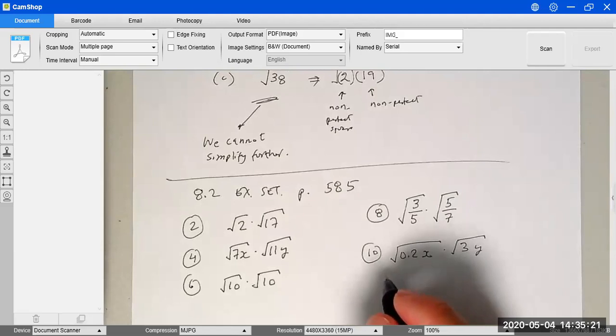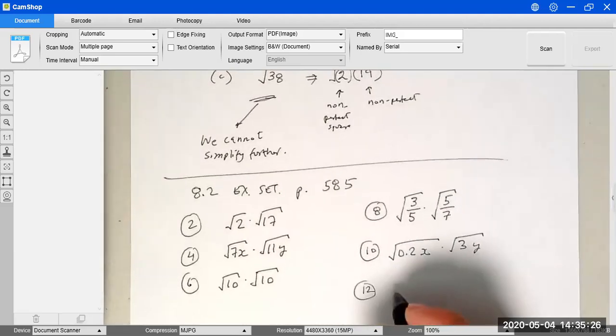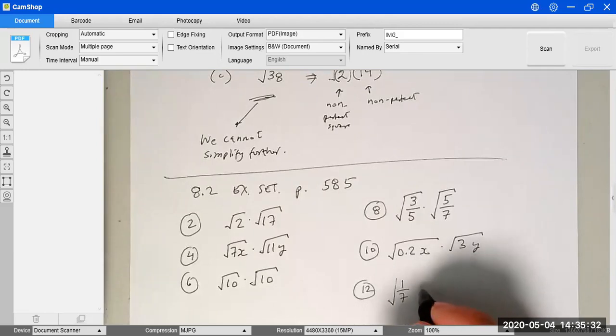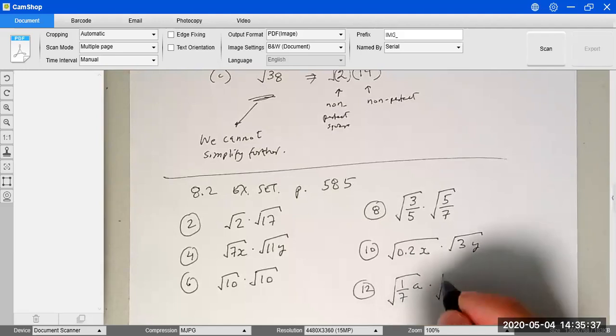Problem 12 is going to be square root of 7 times a times the square root of 1 over 7 times b.